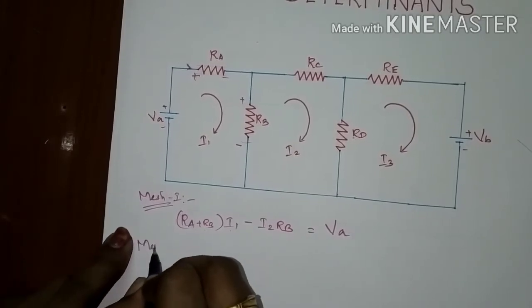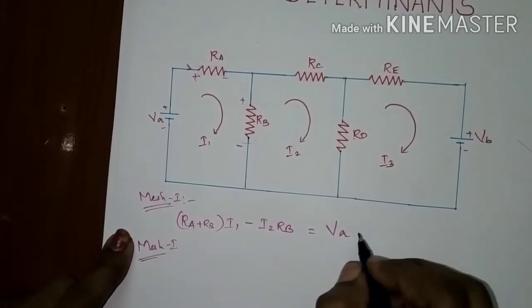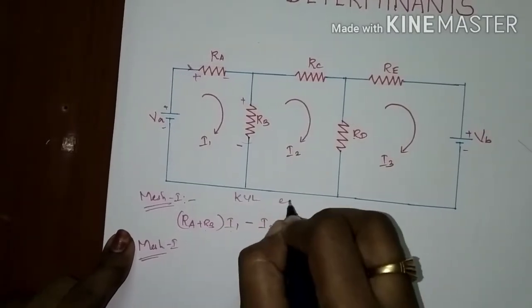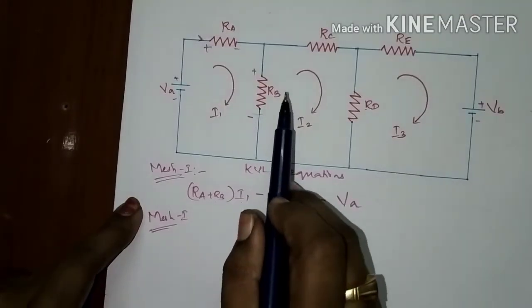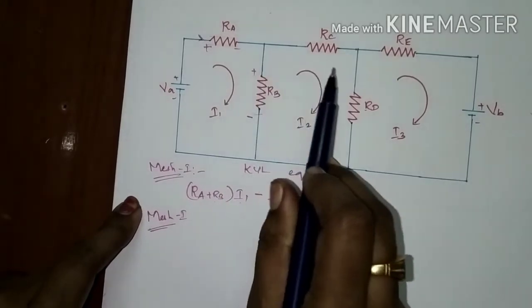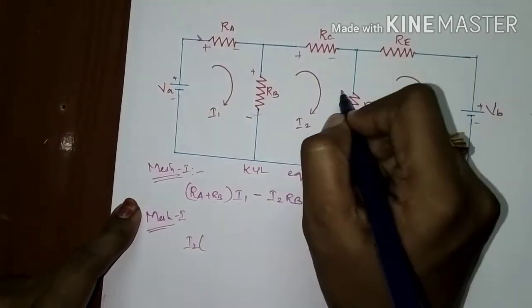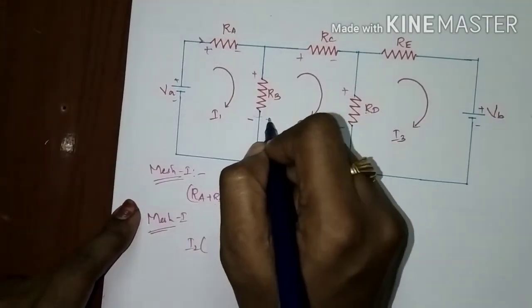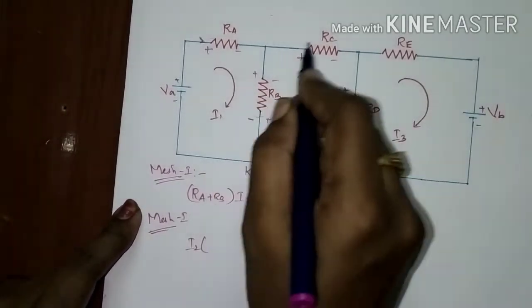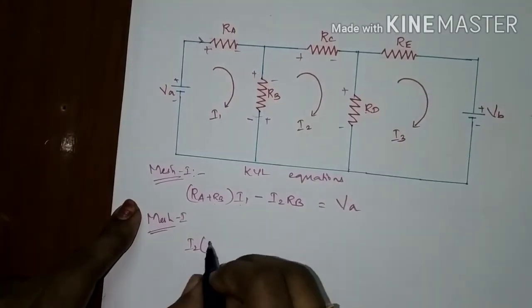For mesh 2, the KVL equation. These are the KVL equations. I2 flows through all the resistances, so I2 causes a potential drop in all of them. Due to I2, all the resistances RB, RC and RD produce a potential drop.